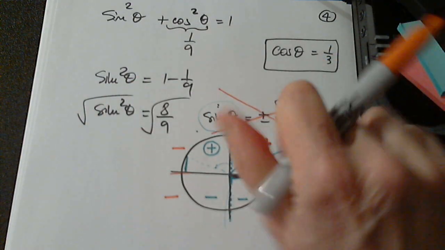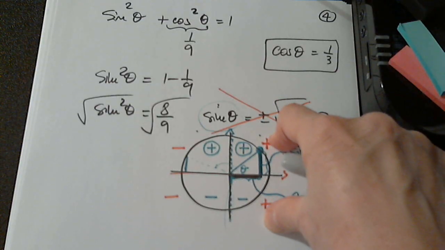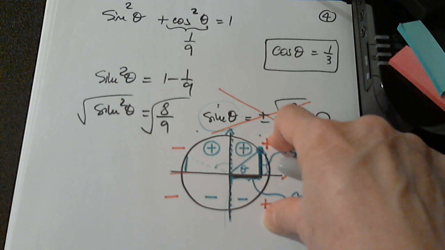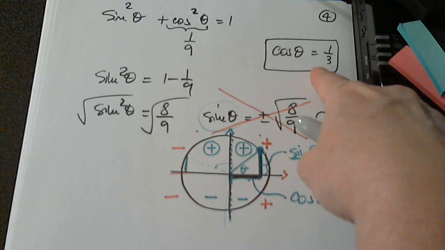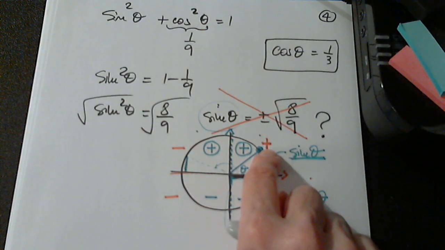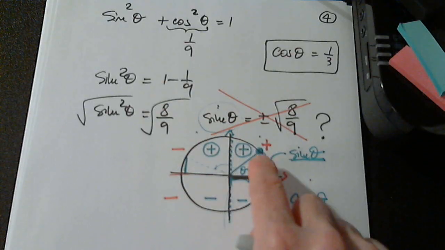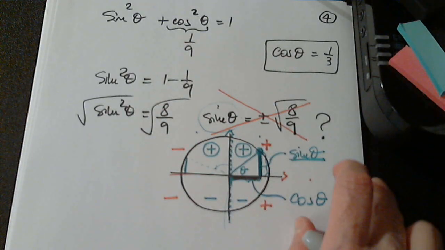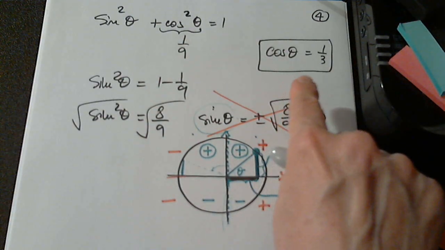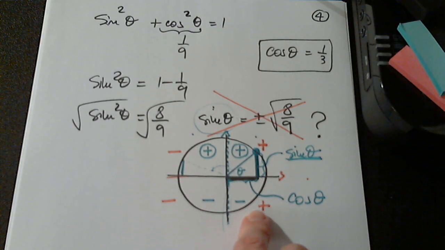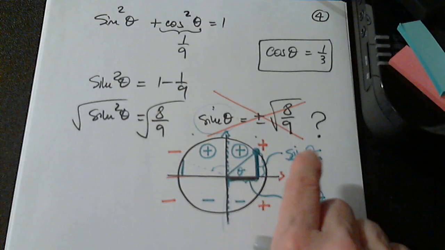Well, if cosine is positive, cosine is here or here. Right? So cosine being 1/3, I could choose both if the terminal side is in the fourth quadrant. But that will not be an angle that fits in a right triangle.